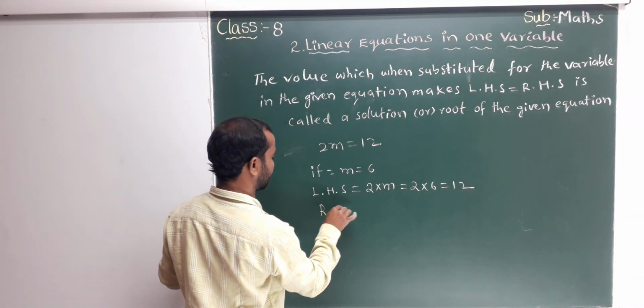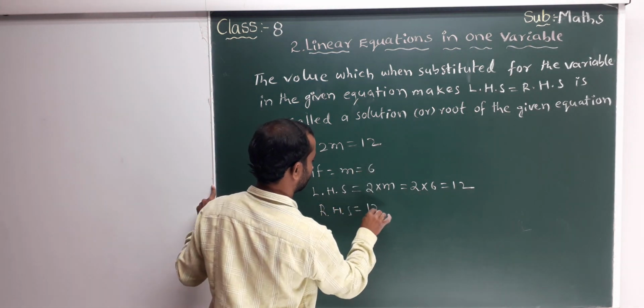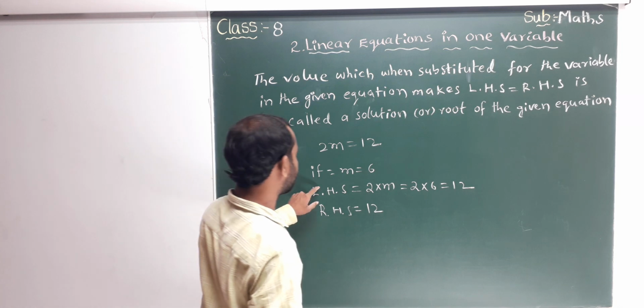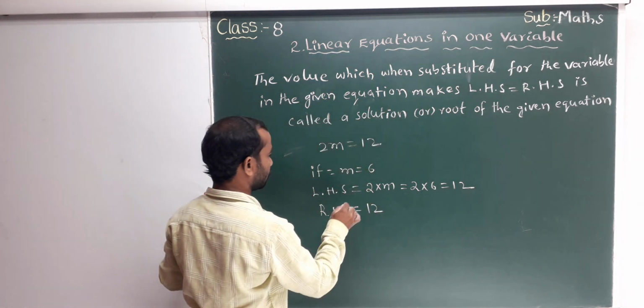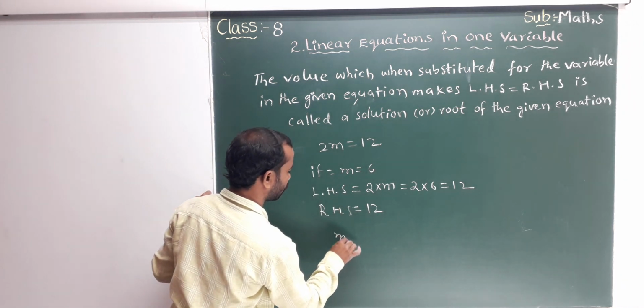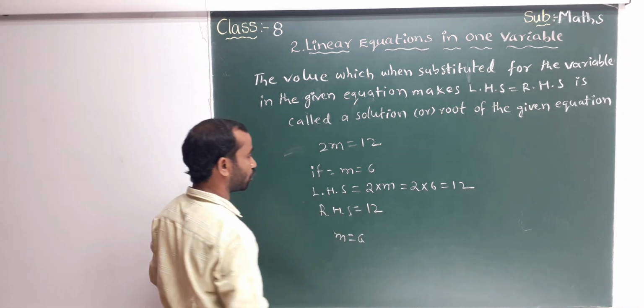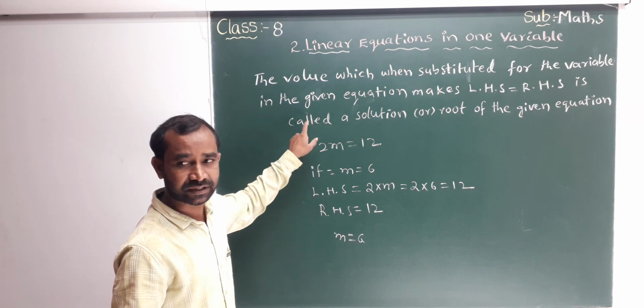Next, RHS also is 12. So LHS and RHS are both equal. So here m equals 6. 6 is a solution of the given linear equation.